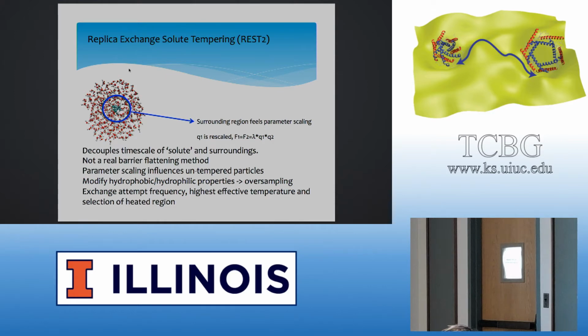scaling strength of REST2. Because it is a parameter scaling method, it never really applies a direct flattening potential. So it is not a real flattening potential method. Instead, it is an effective tempering method.